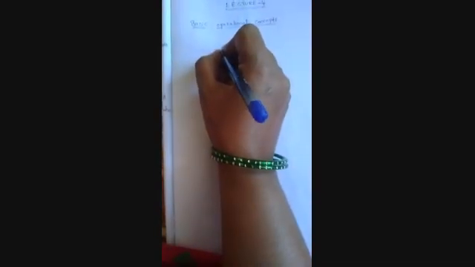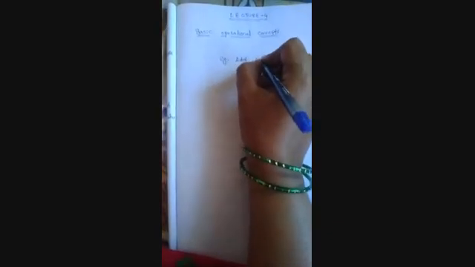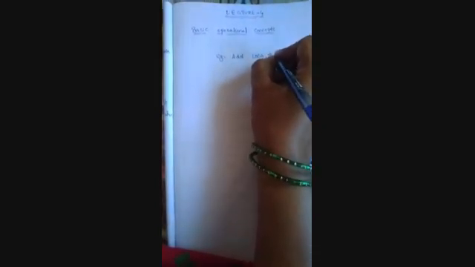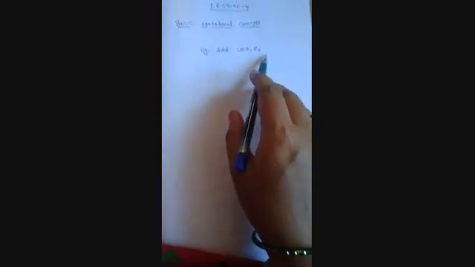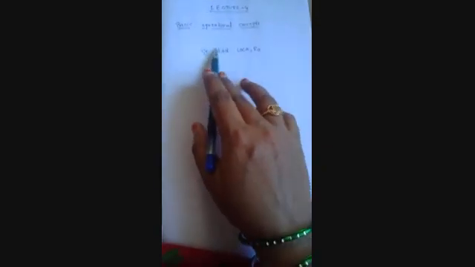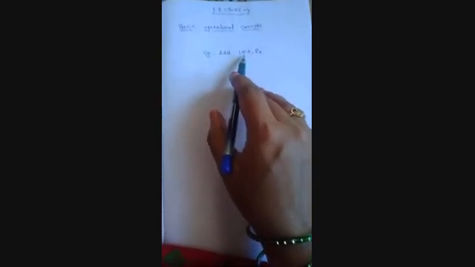For example, consider an instruction: add location A comma R0. In this instruction, the processor has to perform the addition operation, and the data operands are location A and R0.